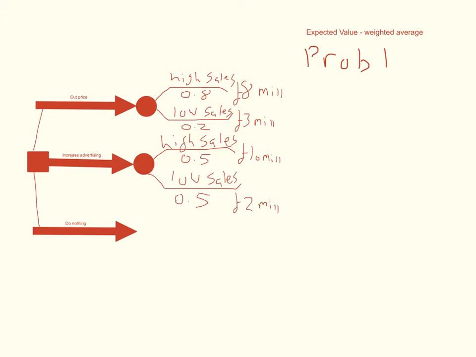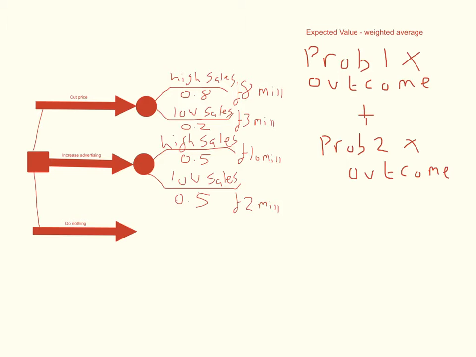So it's the probability of outcome 1 occurring multiplied by the outcome, which in this case is the 8 million, plus the probability of the second outcome, which is the low sales, times the outcome of this option, which in this case is 3 million.